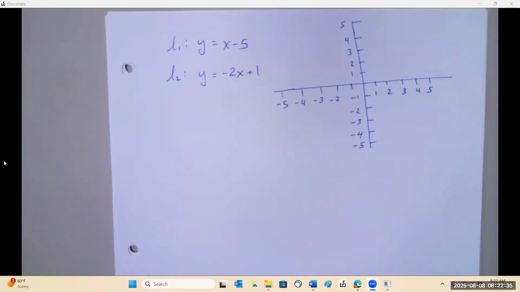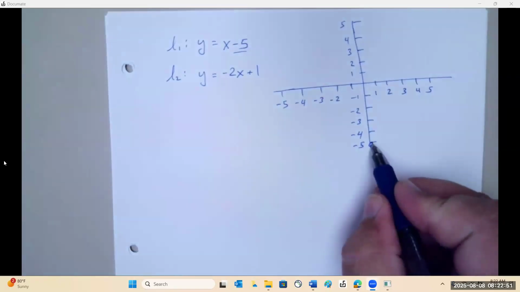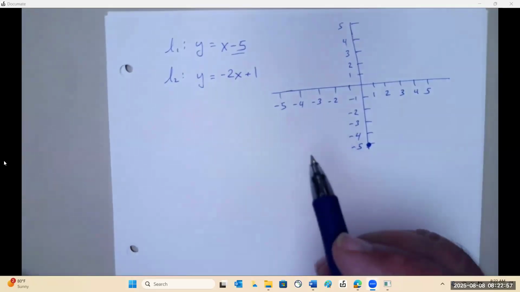Finished? So how do I draw the first graph? Plot the y-intercept, -5. Then do what from there? Just up 1?